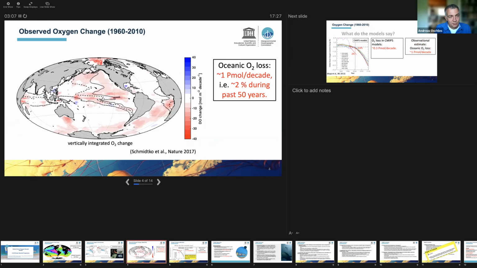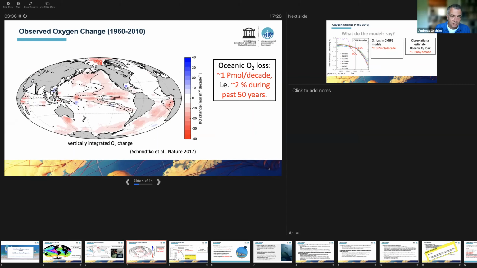And we know from historical observations, particularly in the open ocean, where we have pretty good data coverage, that the ocean has lost about 2% of its oxygen inventory over the last 50 years. So this is quite substantial. It's one of the largest changes we may see in the environment. It might be the longest lasting anthropogenic change the planet may endure over the next few centuries.